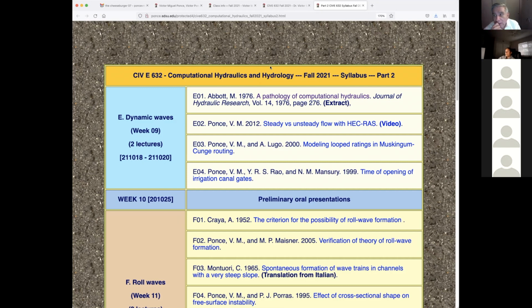So that's Mike Abbott. I had the good fortune to visit with Mike Abbott when he was a young man, 1975. They had a conference over at Colorado State, and they invited the big guys, and Michael Abbott was there. Conch was there, and other people. Yes, correct. Conch and many other people, Woolhiser. They were all big guys. I was a little guy at the time, but I was listening to what they were saying.